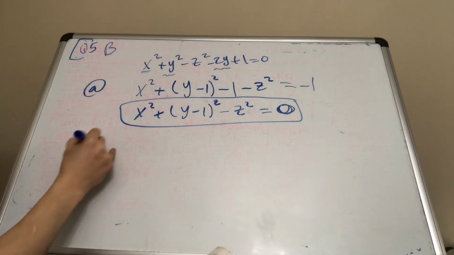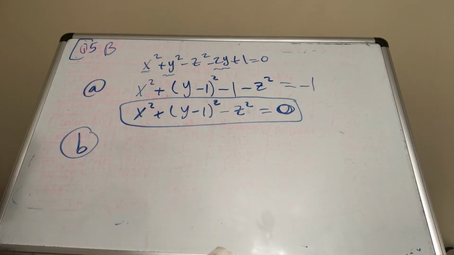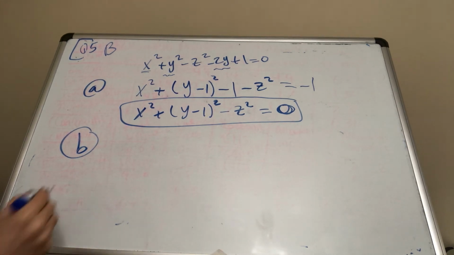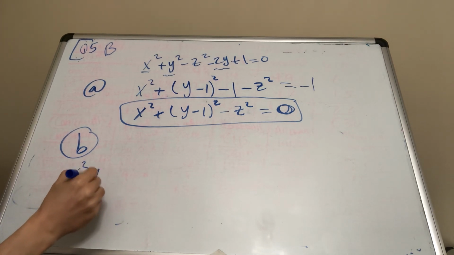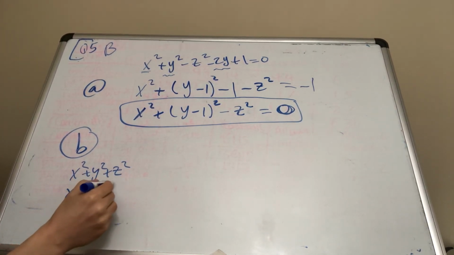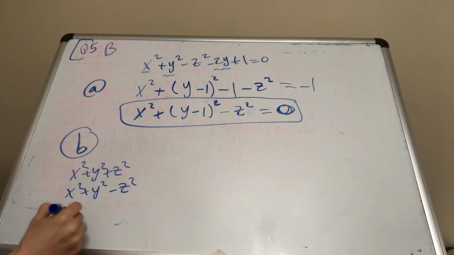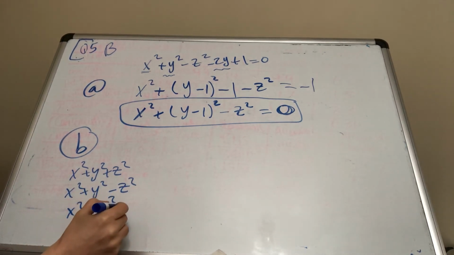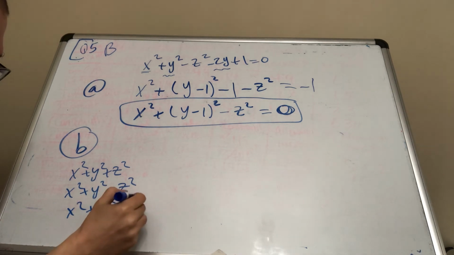In the B question, he's asking you to sketch. Now, for the 3D sketch, there is a website that tells you how to sketch when it's x squared, y squared, and z squared. When it's x squared, y squared, but the z squared is negative. When it's x squared, y squared, and it's only z, no squared.